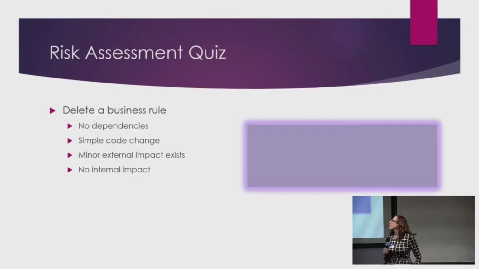On the business side, we talked about it has a minor external impact. It's a broker dealer that we work with and they want it changed, but we don't do anything with it. It's only a relationship aspect, so it's still considered low risk. And there's no internal impact by making this change.